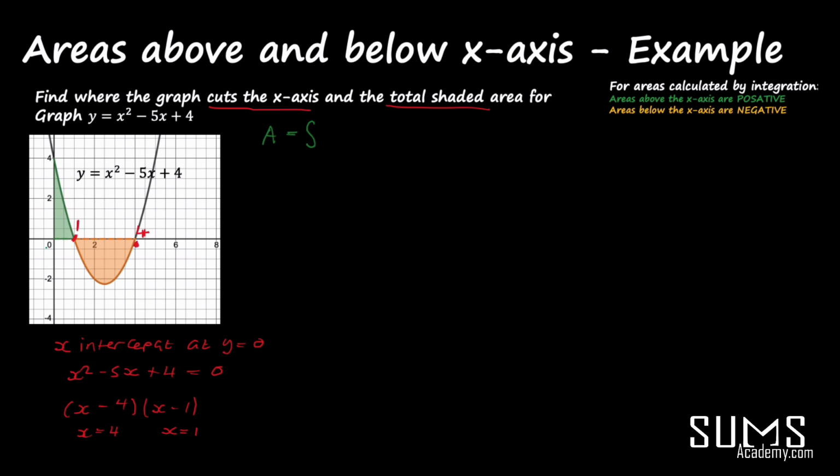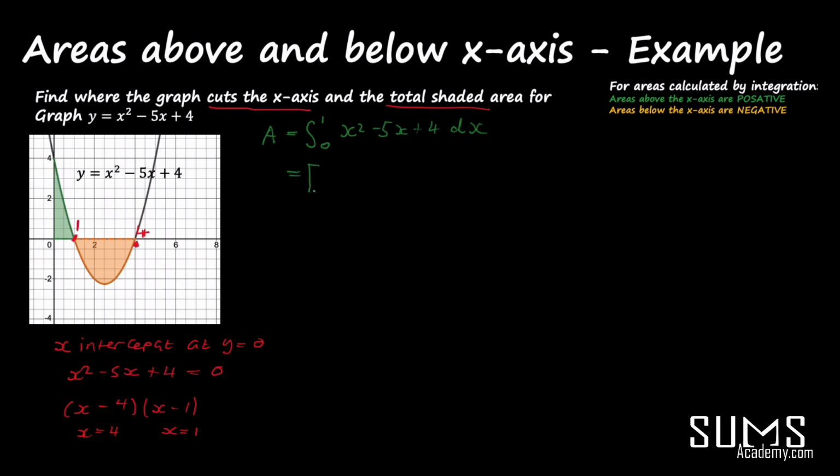Well, my lower limit, you can see, is 0. And then it's going to be positive all the way up to this value here, all the way up to 1. Okay, so it's between 0 and 1. So I say x squared minus 5x plus 4 dx. Now, is this in the right differential integratable form? Yes, it is. Good.